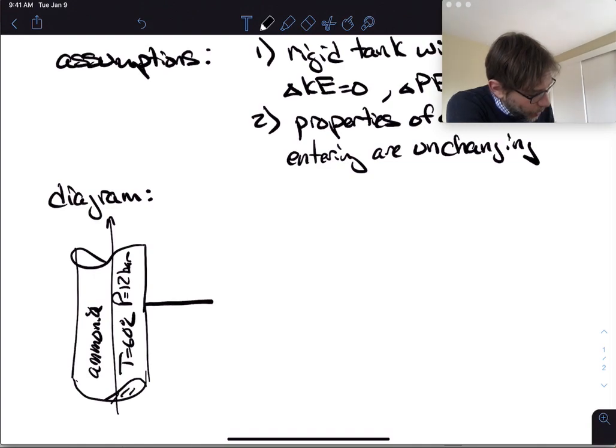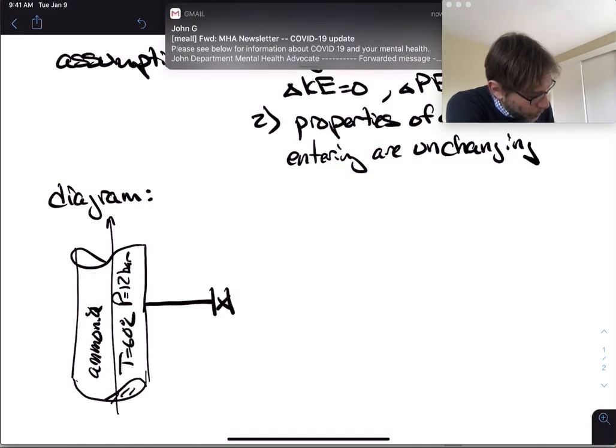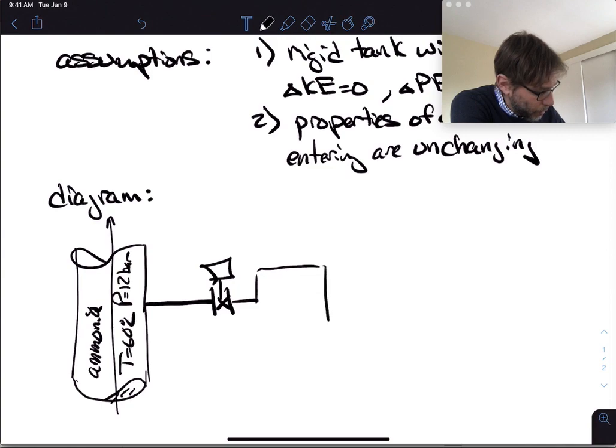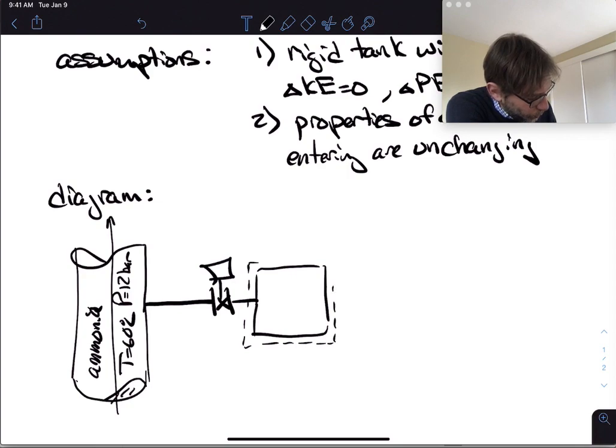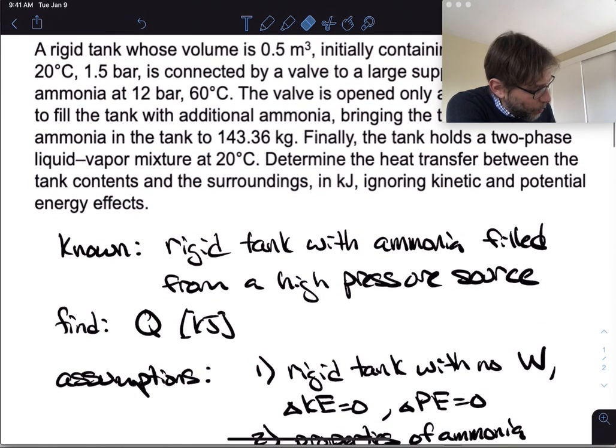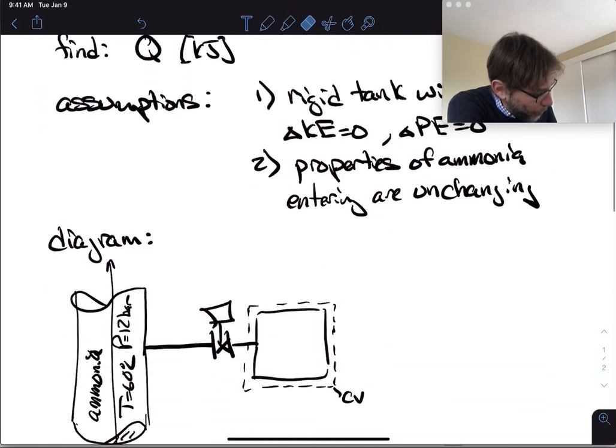And then here you're going through another valve, and you're going into another vessel like we did before. And this is our control volume here, our smaller vessel. So this thing is getting filled up. It has some ammonia in there already, initially containing ammonia at 20 degrees, 1.5 bar.